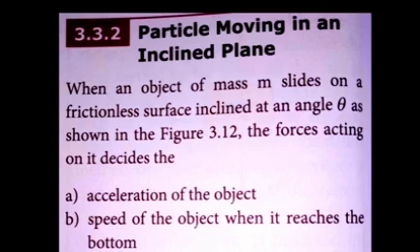When an object of mass m slides on a frictionless inclined plane of angle theta, we calculate the acceleration of the object and the speed at which it reaches the ground. So these 2 things we have to find: one is the acceleration of the body, and the other is the speed to reach the ground.